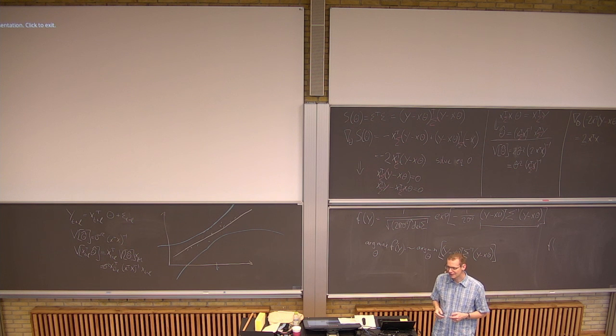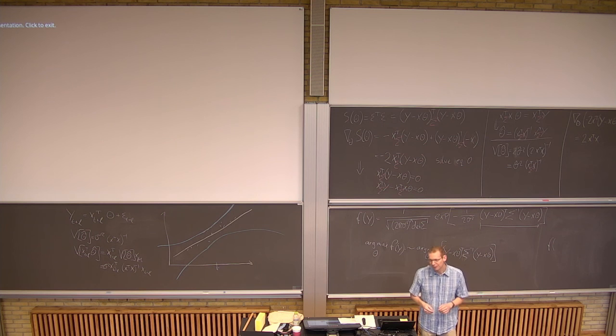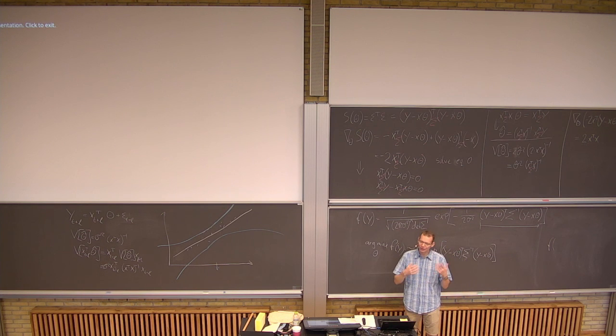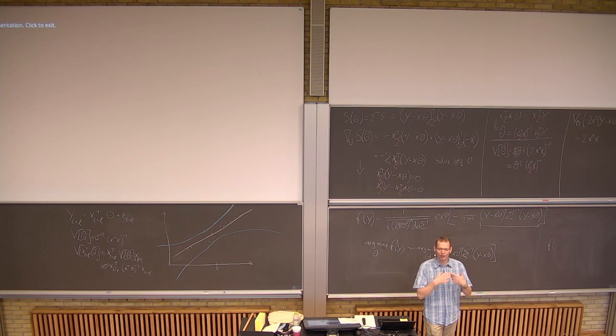I think I have some idea, but I don't think I can put it into words. Anyone who can say what a causal system is? Yes? A system that only depends on past values. Past and current. Yes, so it's a system that does not depend on future input. That's how I prefer to phrase it, but it's the same.